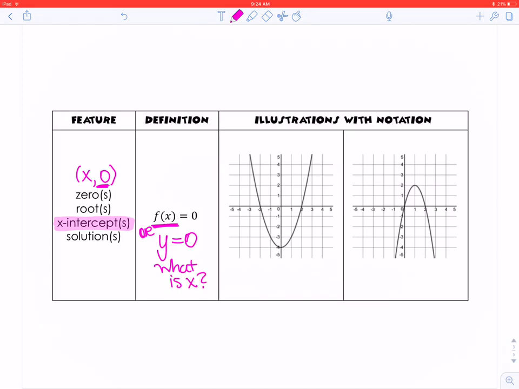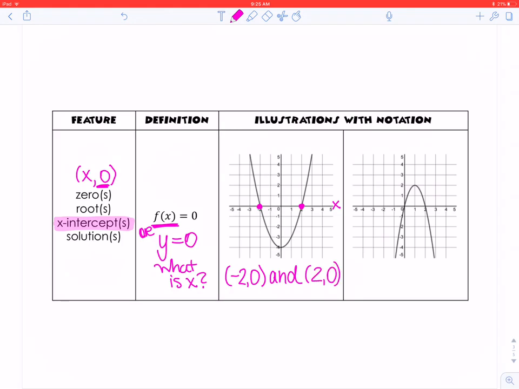Okay, let's see if we can spy our x-intercepts in this first graph. Where is our graph crossing the x-axis? Our parabola hits the x-axis at two spots, right here at -2, 0, and also on the positive x-axis at 2, 0. Okay, so let's list those, -2, 0, and 2, 0.